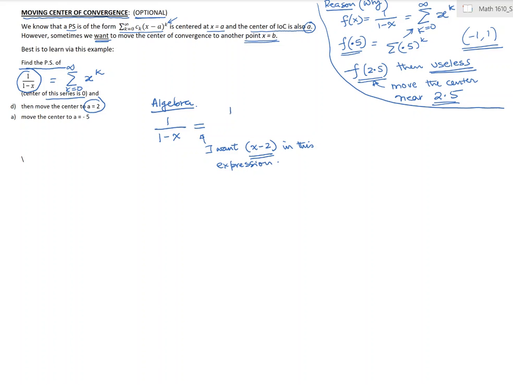I can do that by writing 1 minus... now if I have x, clearly x is x minus 0. That's why I was having the center as 0 for this one. But I want x minus 2. So I'm going to write x minus 2. But when I do x minus 2, actually what I've done is I have added 2, because look, 1 minus x plus 2. Since I added 2, I have to subtract 2 right away.